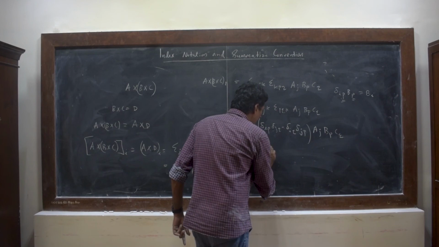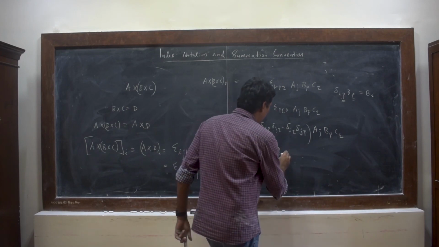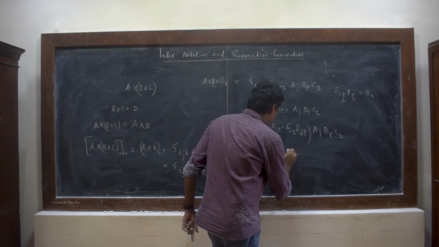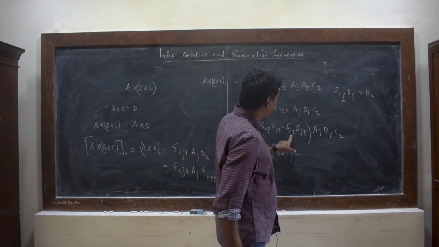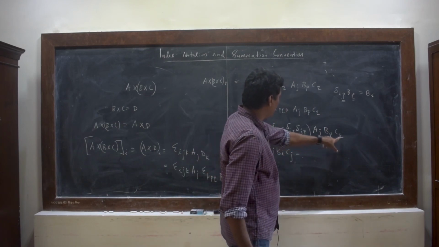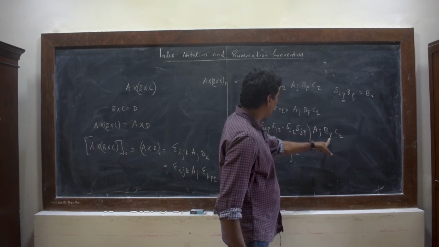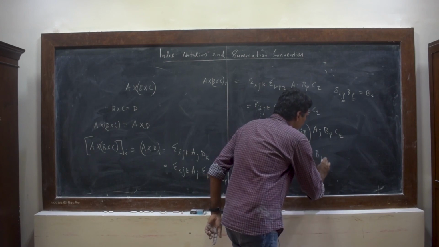So what you get is Aj Bi Cj, minus, here delta iq into Cq will be Ci, and delta jp into Bp will be Bj, so Aj Bj Ci.